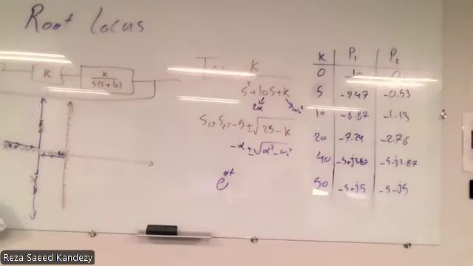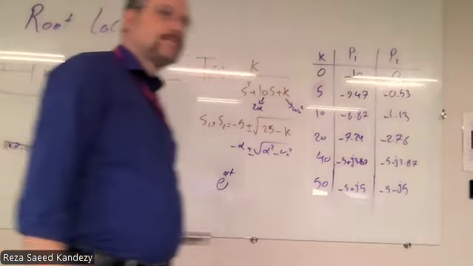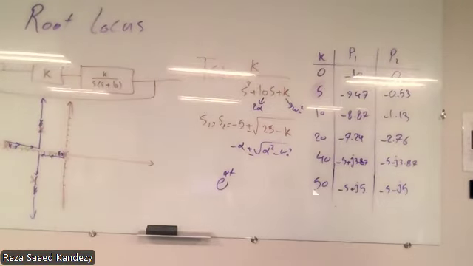Now, look at this graph and tell me if this system, knowing that the K is changing from 0 to infinity, is it stable, unstable, or marginally stable? Why is it stable? Yes, let me restate that.